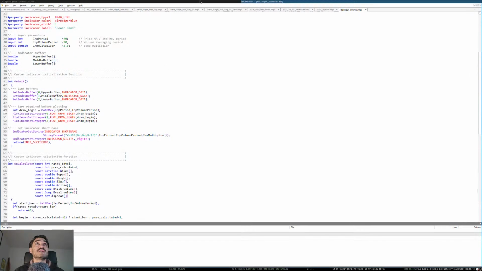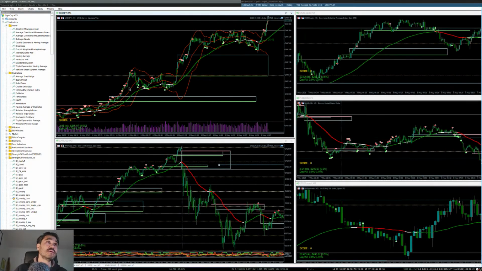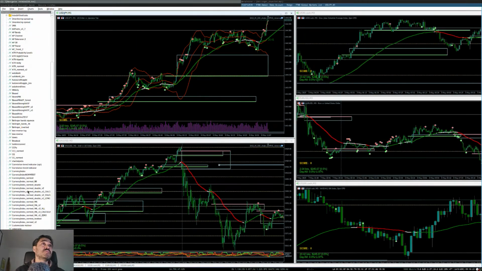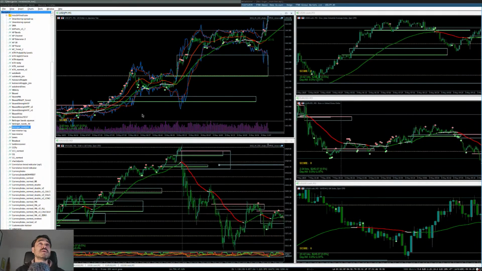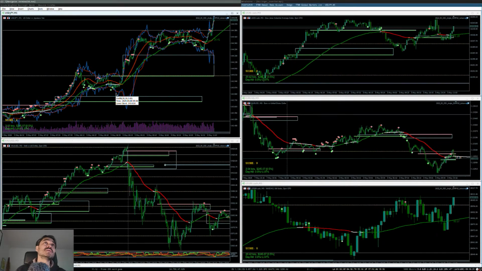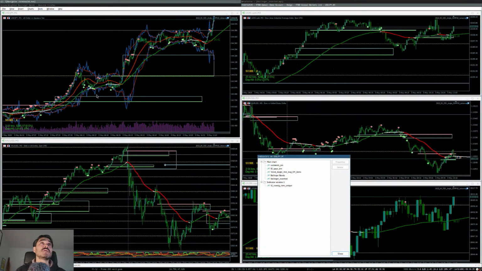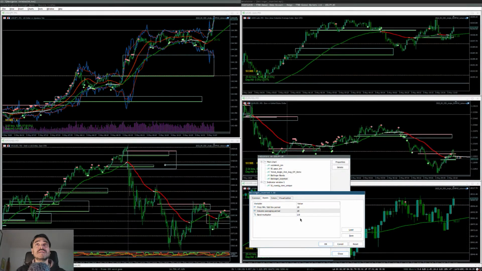Okay, that's actually compiled already. No problems compiling. What do we call it? Bollinger Inverted. Come on then, let's try with this standard. Oh my God, that's not helping. That needs smoothing somewhat. It's because of the multiplier, isn't it? Volume averaging period.